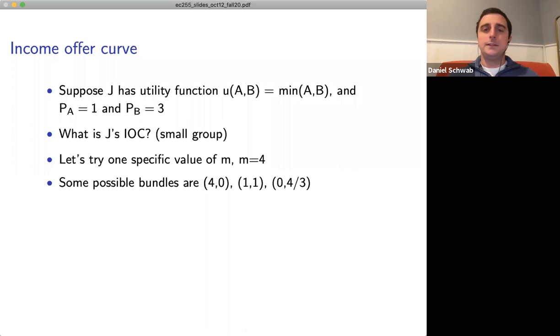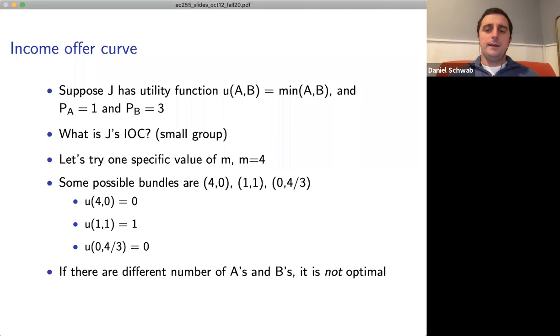Okay, so here are some possible bundles. You get no utility for all apples. You get 1 utility if you get 1 apple and 1 banana. You get no utility for 0 apples and 4/3 bananas. And so the conclusion that we want to draw here is just that if you have a different number of apples and bananas, then this is not an optimal bundle.